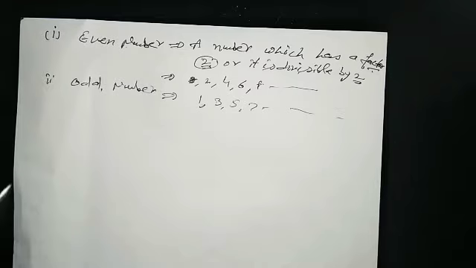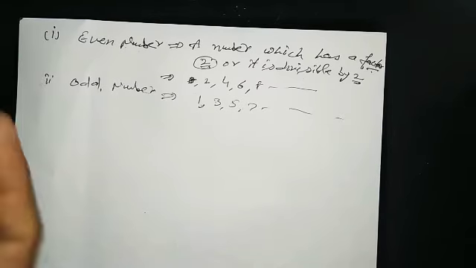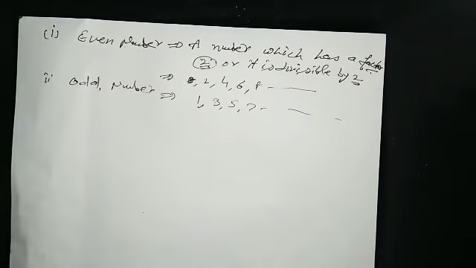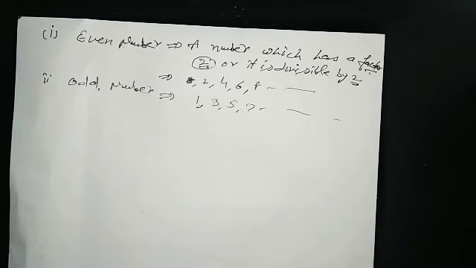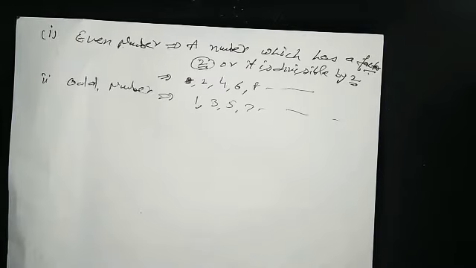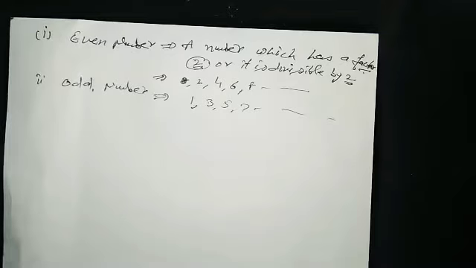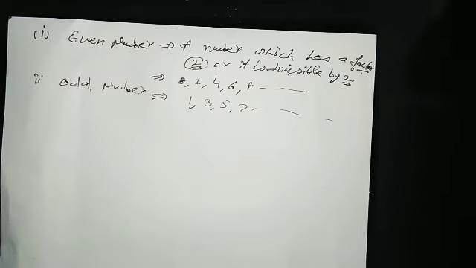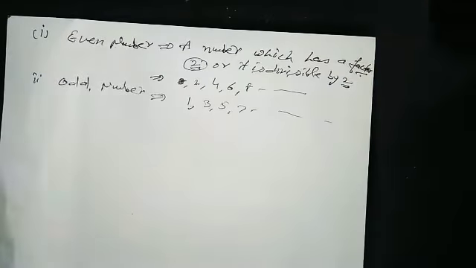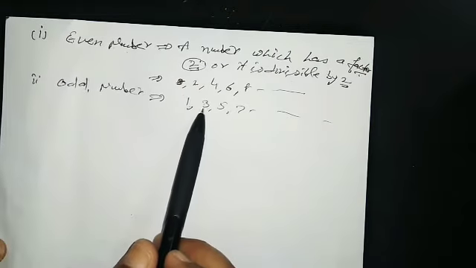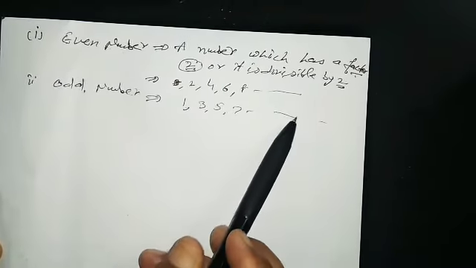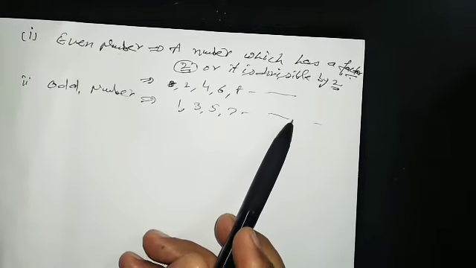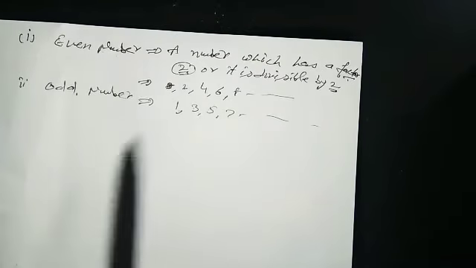First, you can say an odd number is that which is not even. Again, you can use the property: a number which does not have 2 as a factor, or a number which is not divisible by 2, that is an odd number. So odd numbers start from 1 and go on. Both are infinite, there is no finite end.